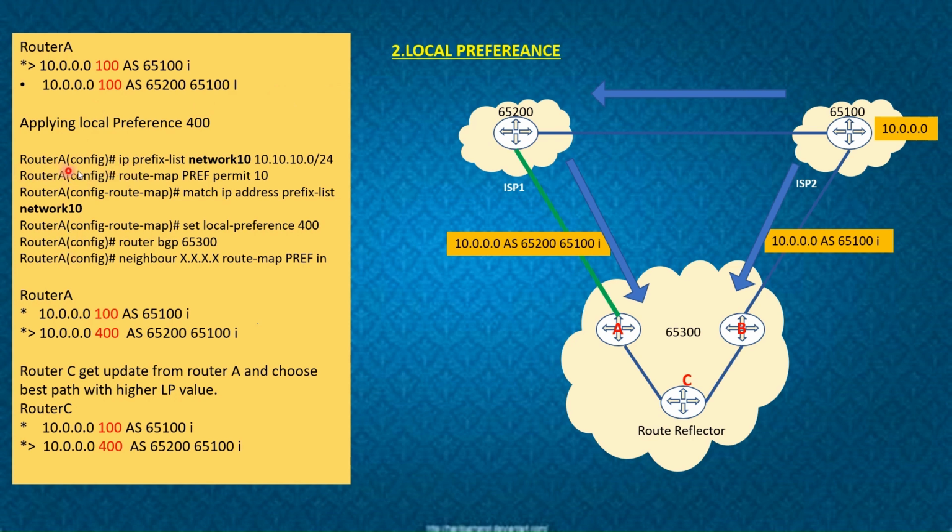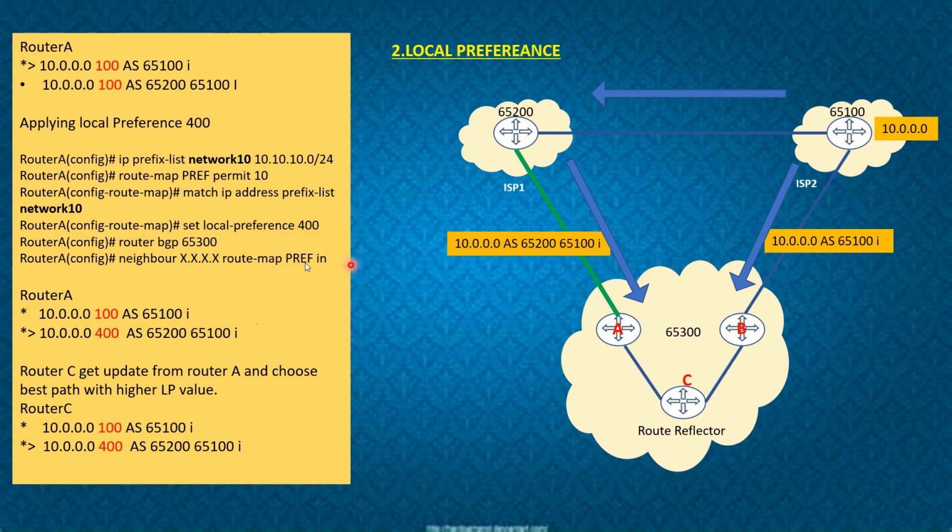Inside router A, I put an IP prefix list defining my interesting network, that is 10.10.10, and then create a route map named pref with permit 10, match the IP address prefix list, that is network 10, and set a local preference value of 400. Then I go inside the BGP configuration with the neighbor, where xxx means whatever IP is configured here, and apply the route map pref inbound.